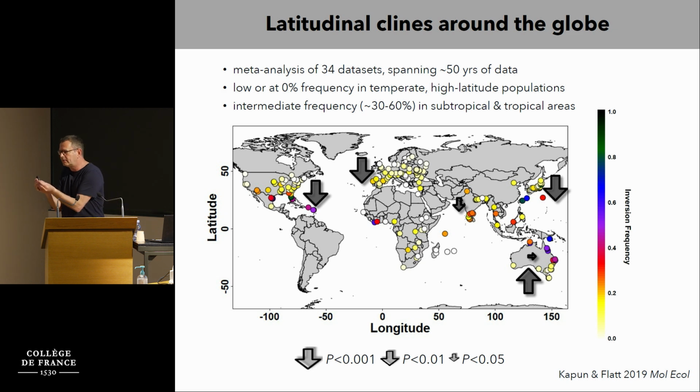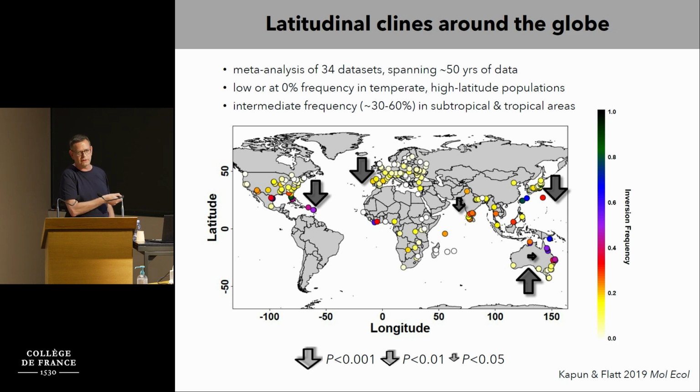And it's always, as far as we can tell, at an intermediate frequency in subtropical, tropical, low latitude populations. For example, here in southern Florida, or here in Queensland, where it reaches frequencies of 30 to 60%.